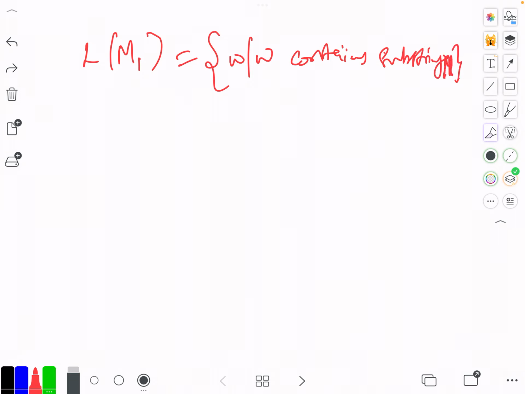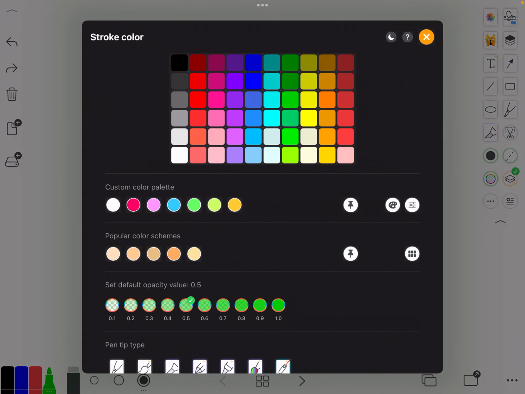Similarly, let's take more examples. Let's say B is a language whose strings have only an even number of ones.